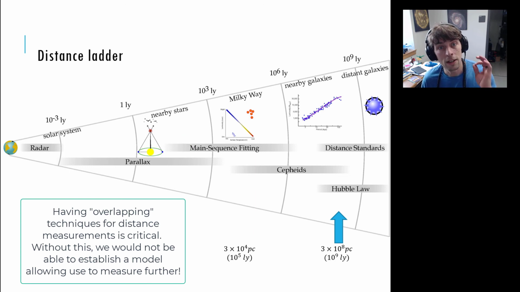And then I said, we will assume that this relationship of the main sequence extends to stars that we can't measure the distance to using parallax. I made that comment about how we now take the main sequence fitting as the model and use it to measure further distances. The same thing happened with Henrietta Swan Leavitt.